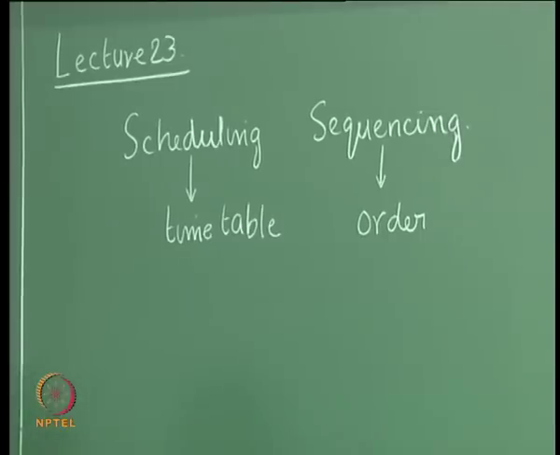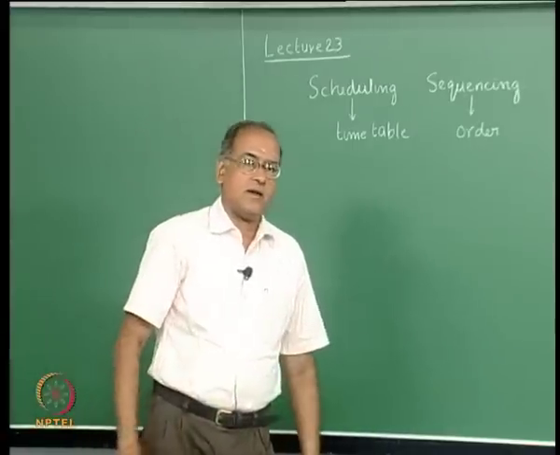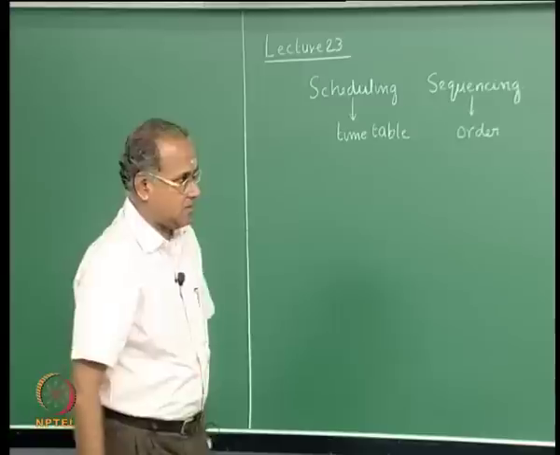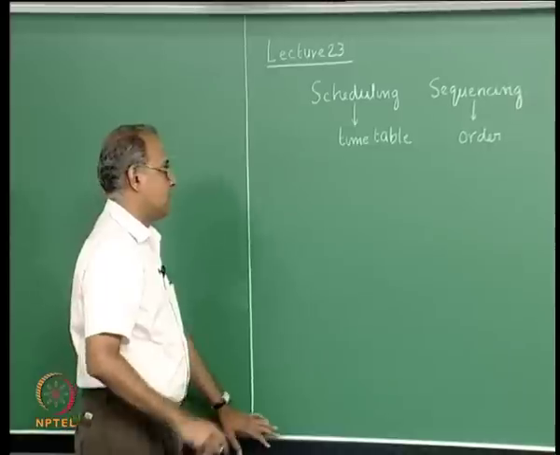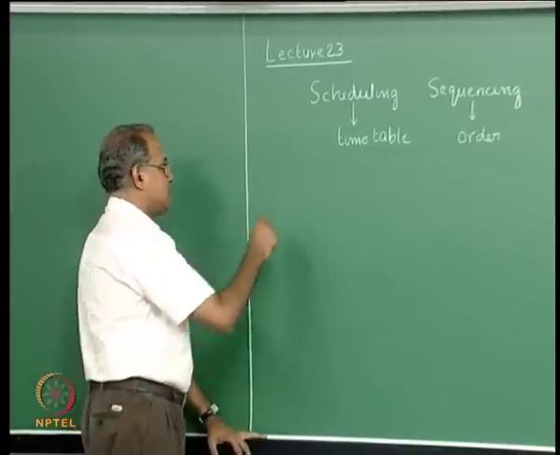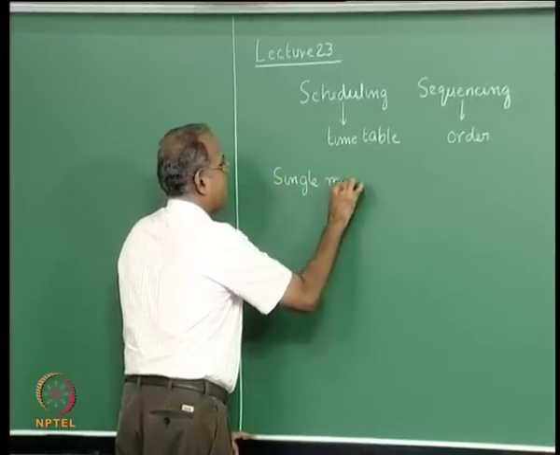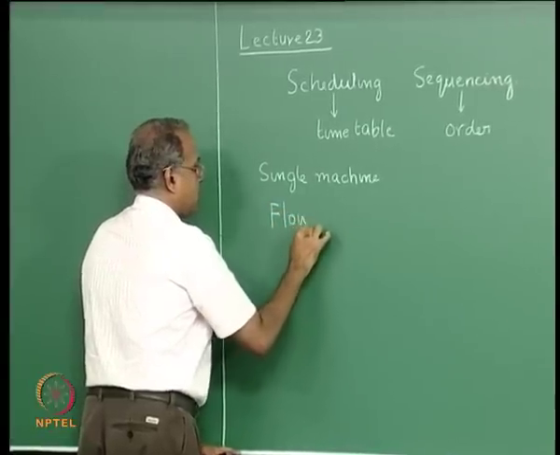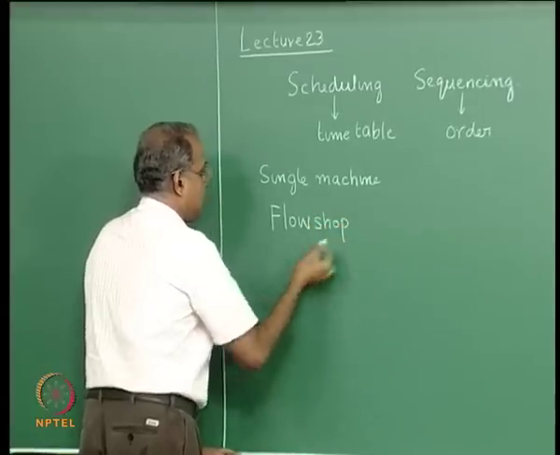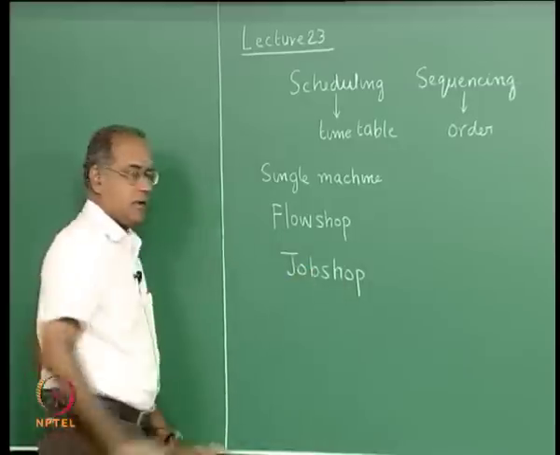Scheduling and sequencing is a very well researched area. It is also used extensively almost every day in every manufacturing organization. Traditional literature on scheduling and sequencing considers single machine problems, flow shop scheduling, and what is called job shop scheduling.